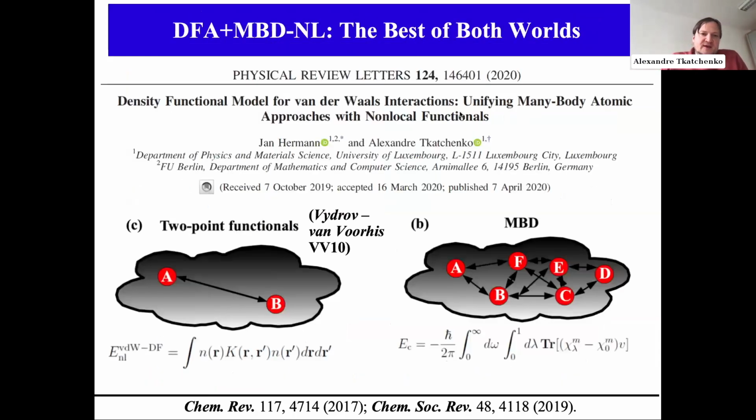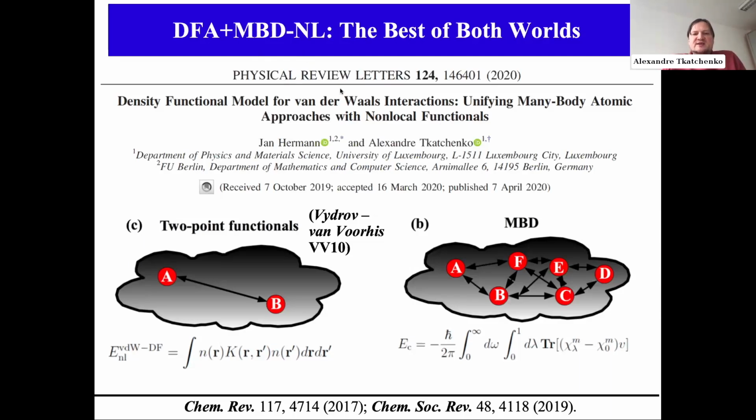Then in 2020, we went beyond this and tried to make a broadly applicable DFA plus van der Waals functional that can describe molecules, materials, and all classes of different materials on equal footing. We did this together with Jan Hermann, who was a PhD student and postdoc in my group.